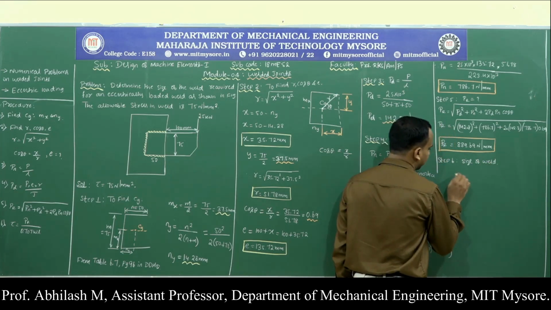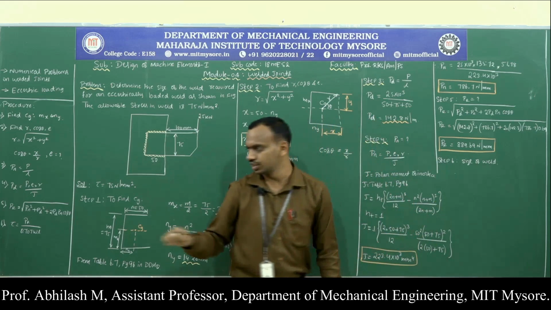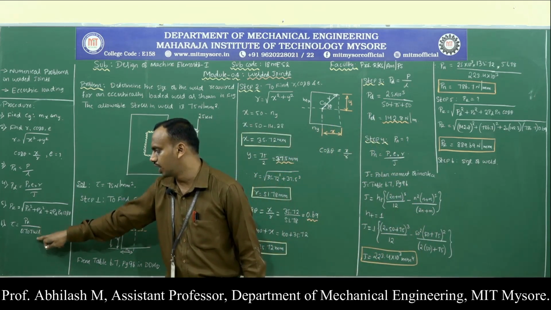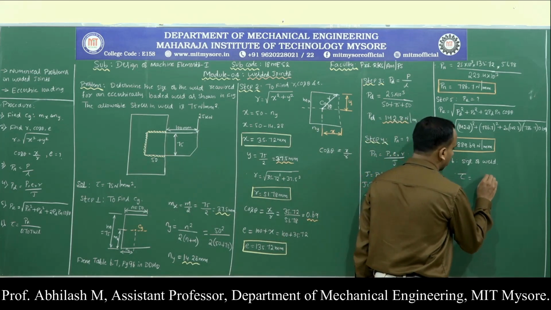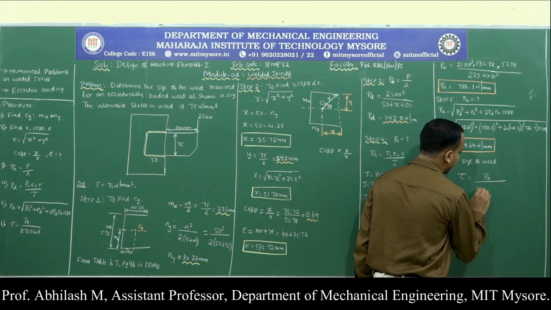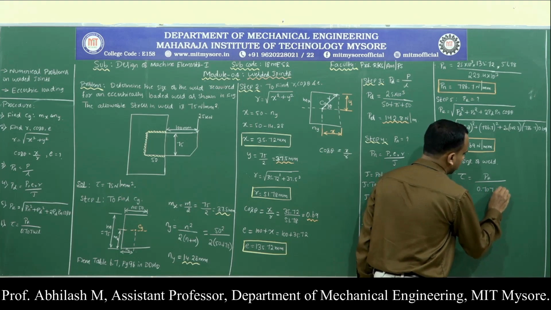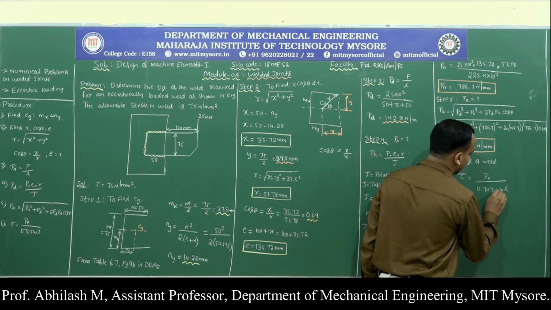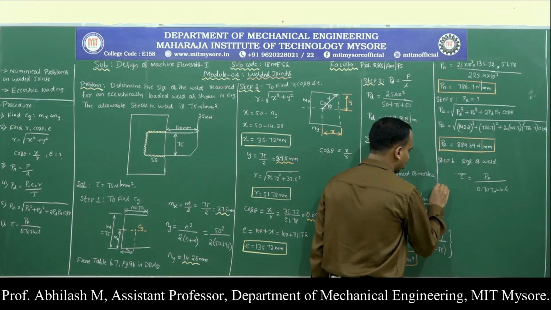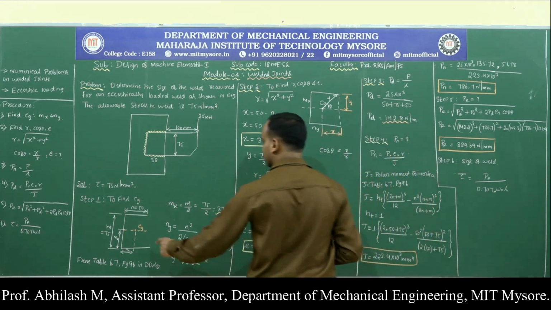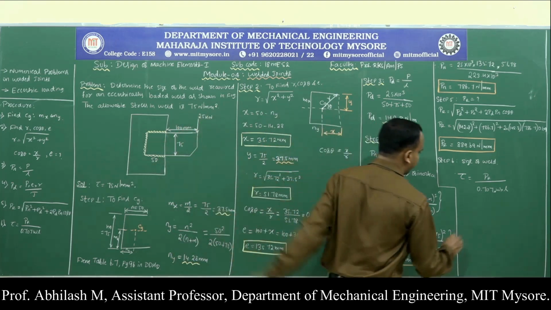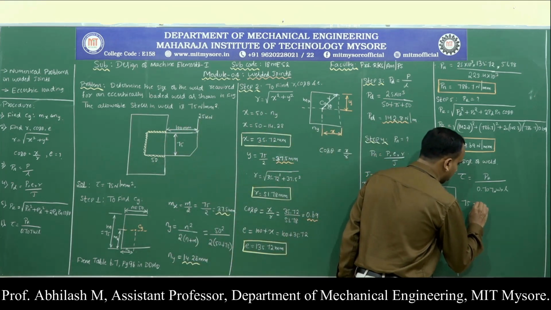We know that the allowable shear stress, tau, is equal to PR divided by 0.707 W into L. So tau is equal to the load divided by 0.707 W into L. So we know all the values there. We know the tau value, that is the allowable shear stress value. They have given in the problem 75 Newton per millimeter square.